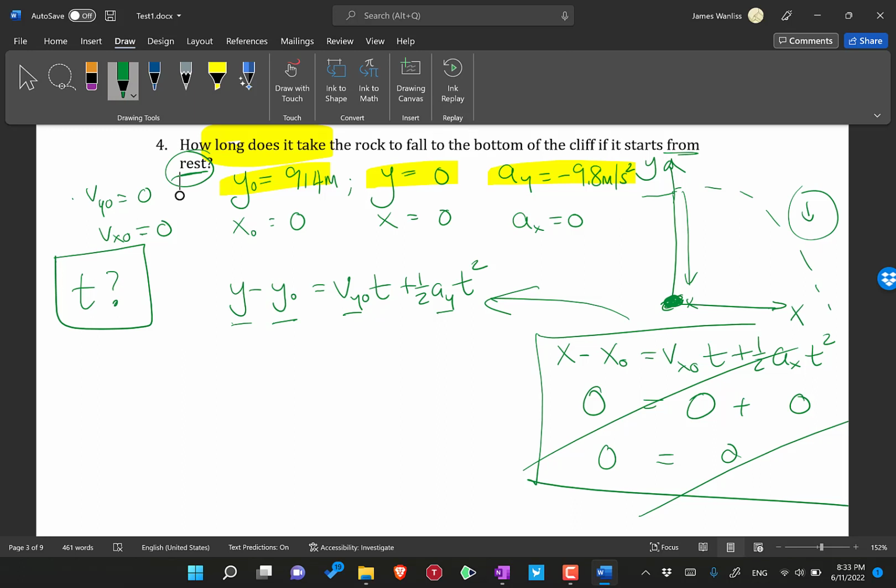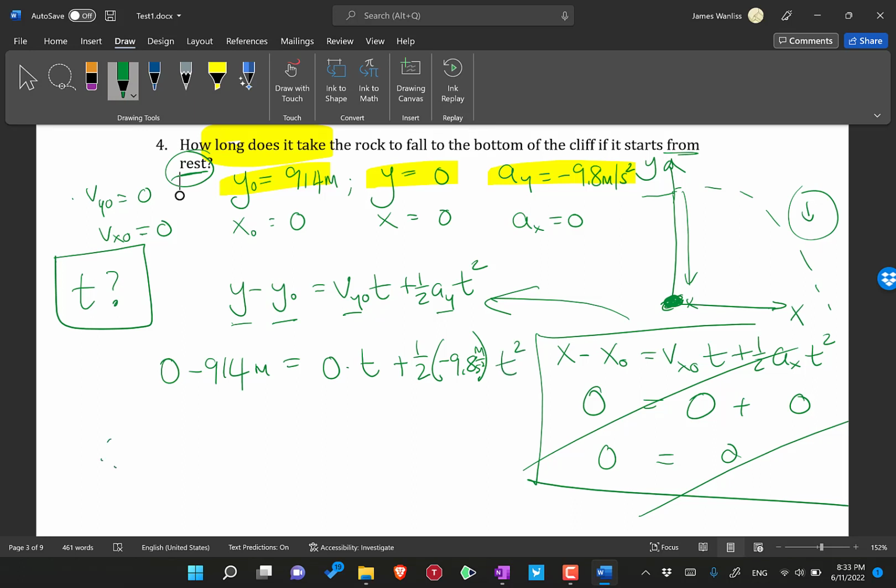I can solve for that. So let's put all the numbers in. y minus y0, so 0 minus 914 meters equals 0 times the time plus half the acceleration in the y direction, minus 9.8 meters per second squared, times t squared.